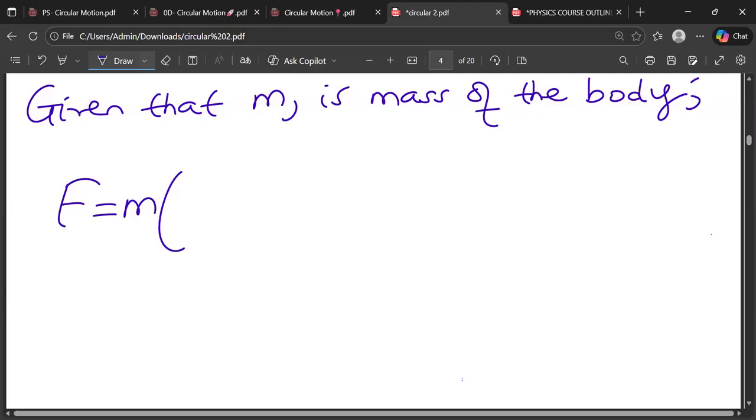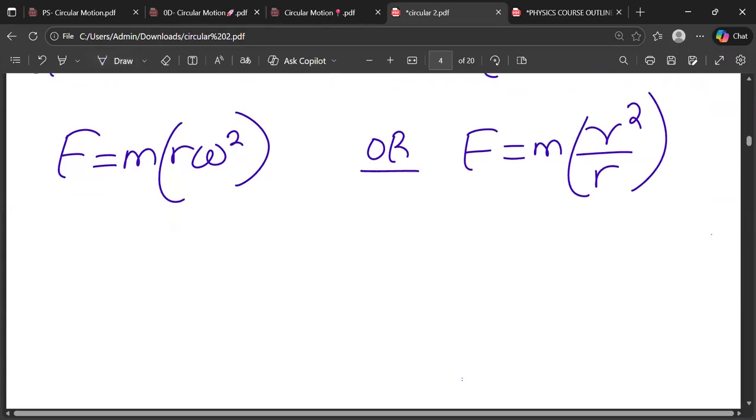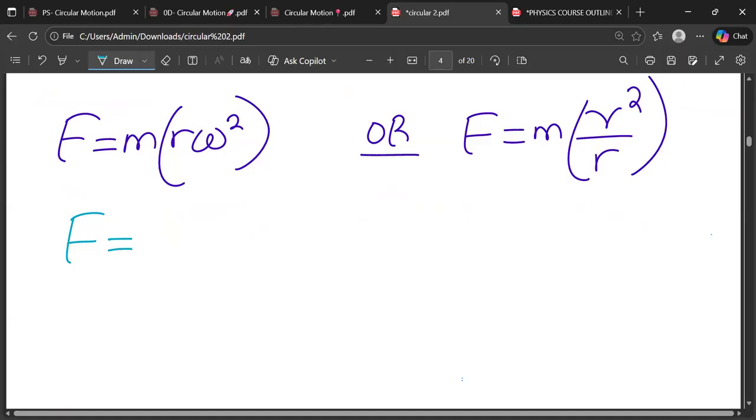Then our A, we have said, is r omega squared. Or our F will be MA, which is m v squared over r. You'll find them rearranging it in such formats that your F is m omega squared r.